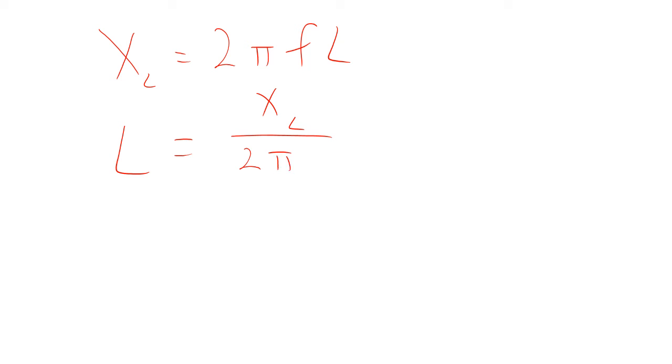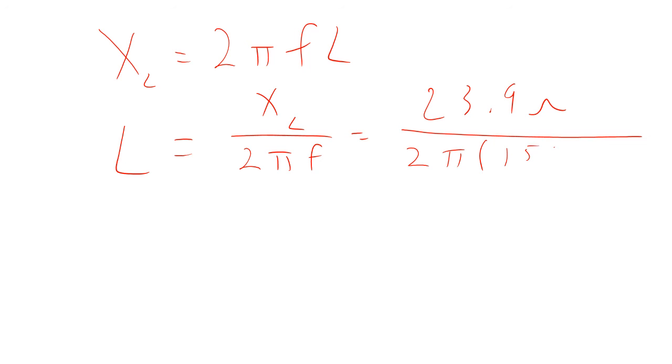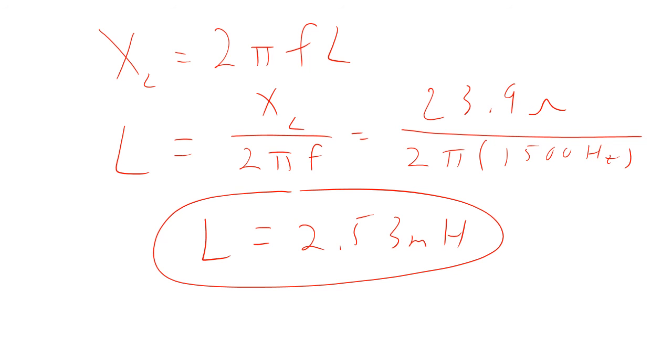Well, XL is 2 pi F L. So L is going to be XL over 2 pi F. So that will be equal to 23.9 ohms divided by 2 pi times 1.5 kilohertz, so that's 1500 hertz. So L comes out to be 2.53 millihenries.